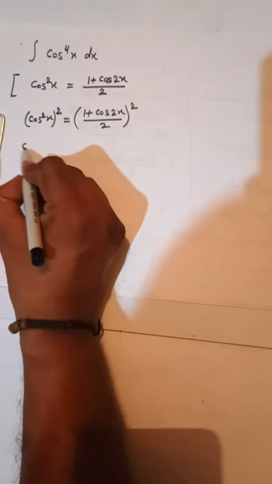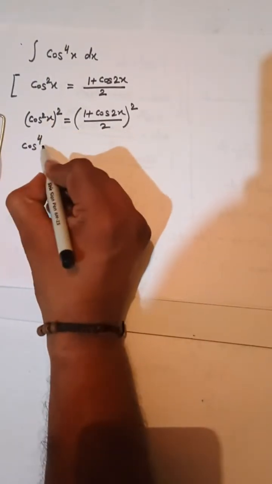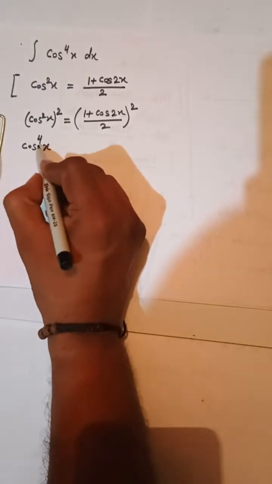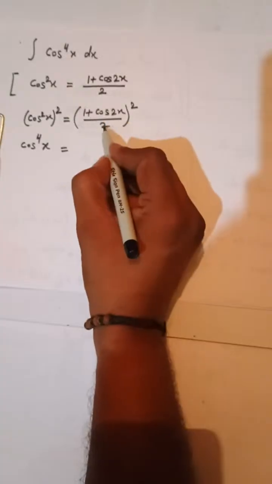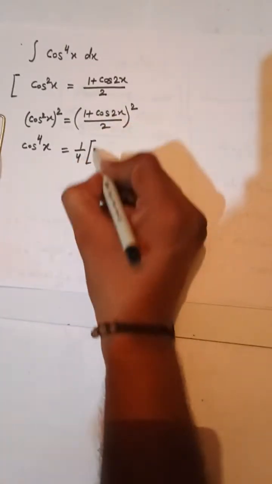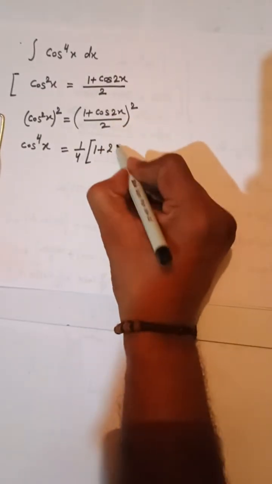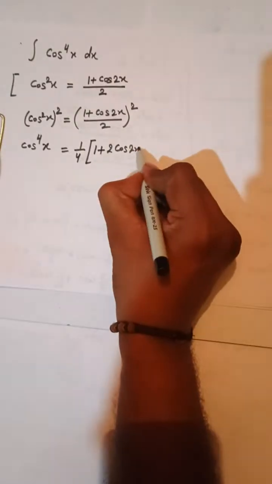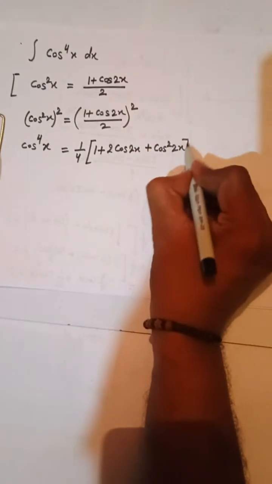So 2 and 2 will multiply together: cos to the power 4 x is equal to, 2 square is 4, so 1 upon 4 I'm putting outside, 1 square is 1, and then this is what? 2 times cos 2x, and cos square 2x. We have this.